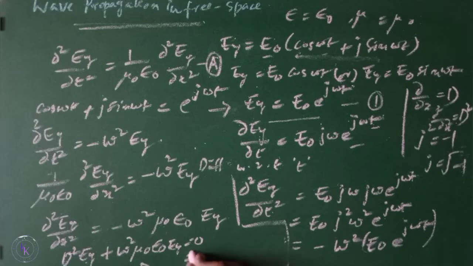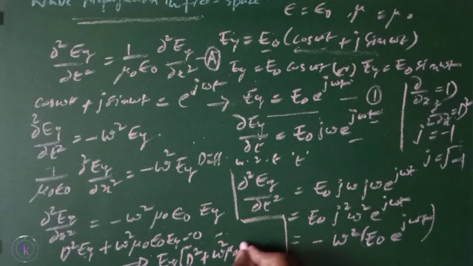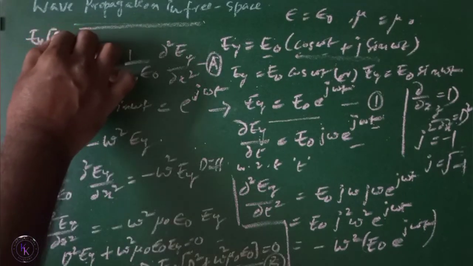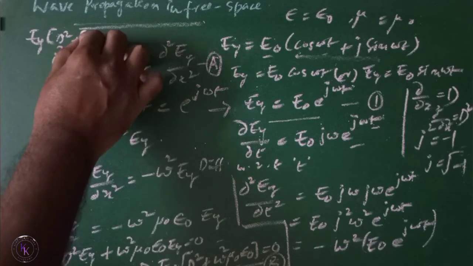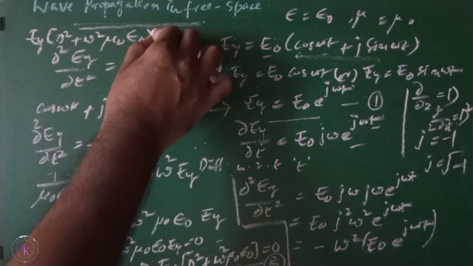And this you can write by taking Ey common: Ey times (D squared plus omega squared mu naught epsilon naught) equals 0.